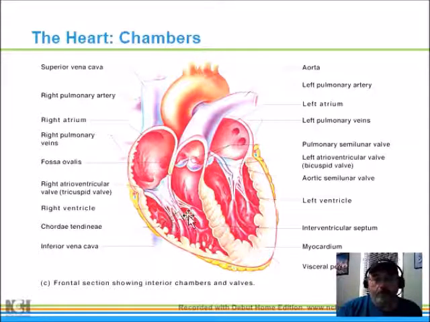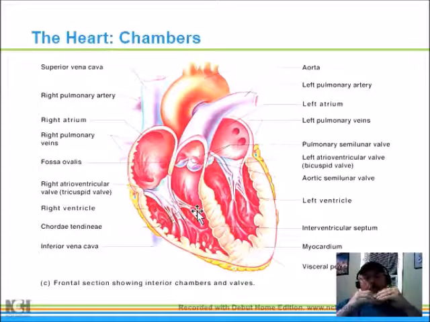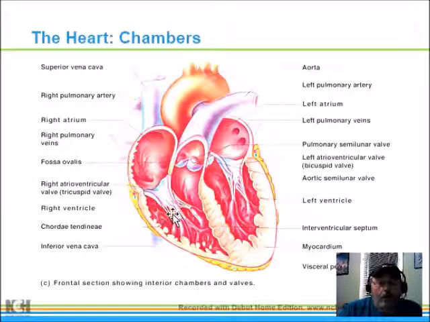And it has some specialized structures we'll talk about in a minute called chordae tendineae, which allow it to not evert. The valve closes like that, but without those structures, it could do that, and then you'd end up with blood flow backwards. We see chordae tendineae on both of the AV valves.